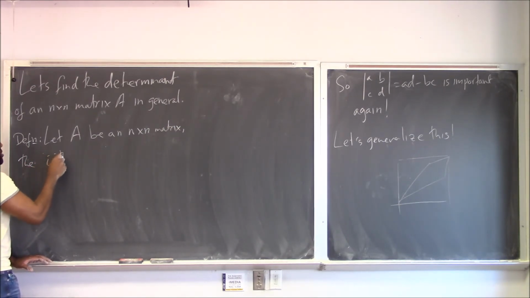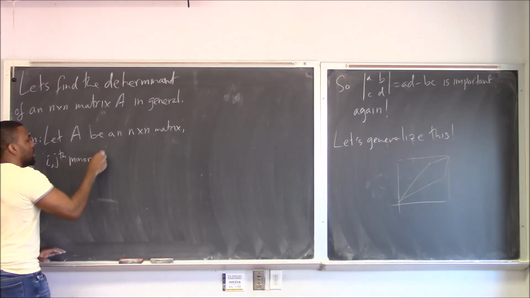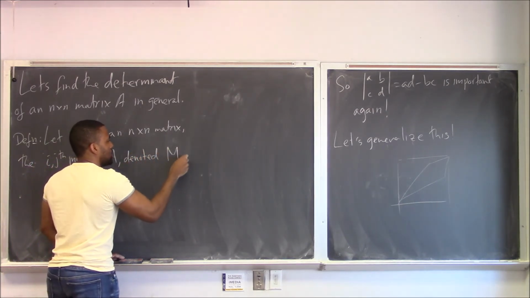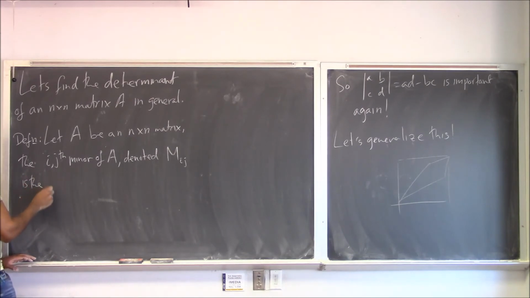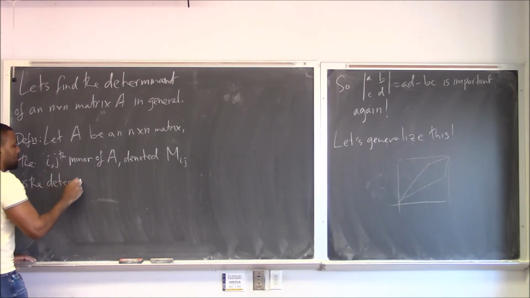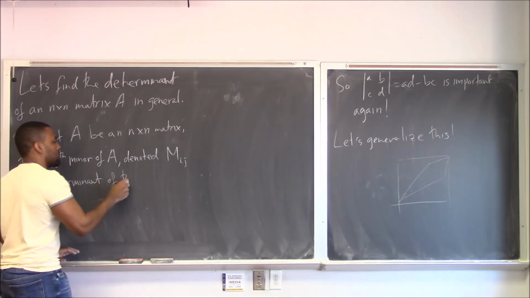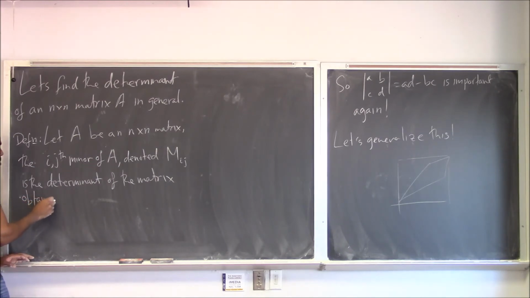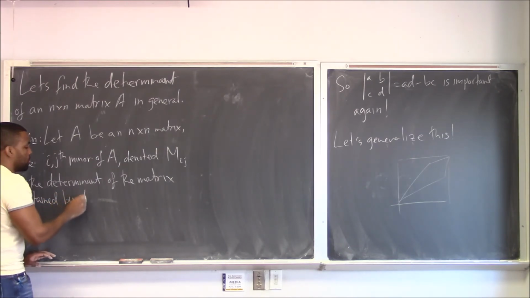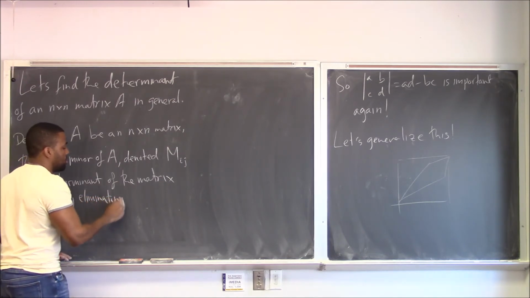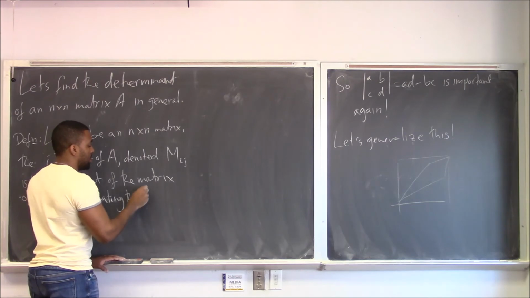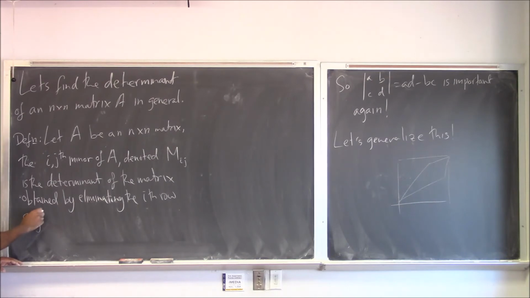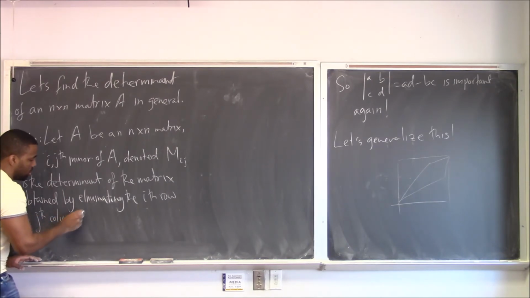The ijth minor of A, denoted Mij, is the determinant of the matrix obtained by eliminating the ith row and jth column of A.